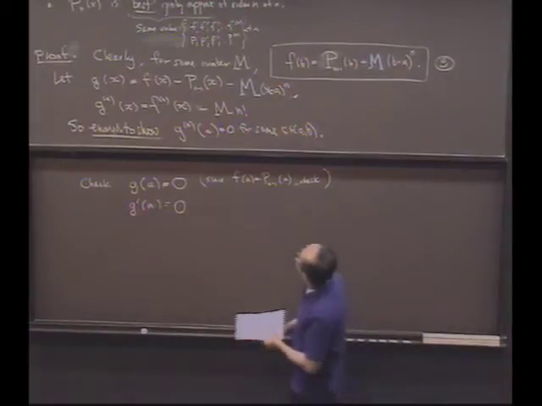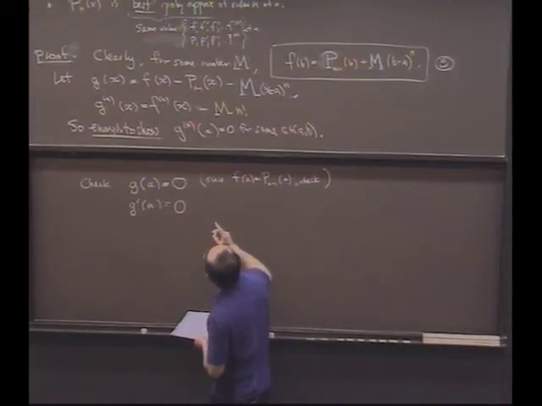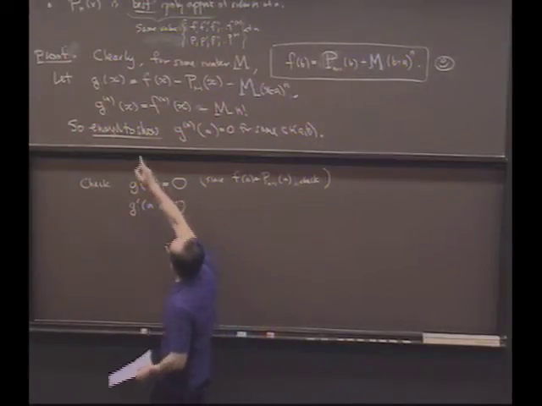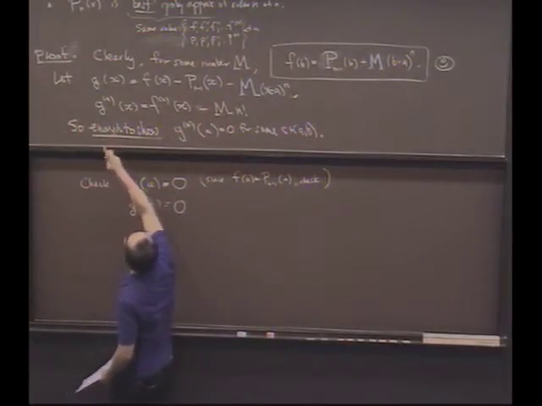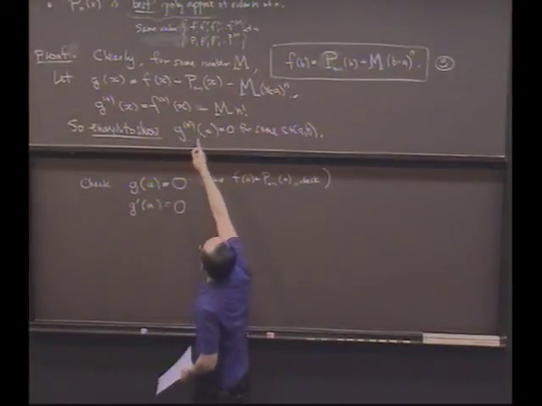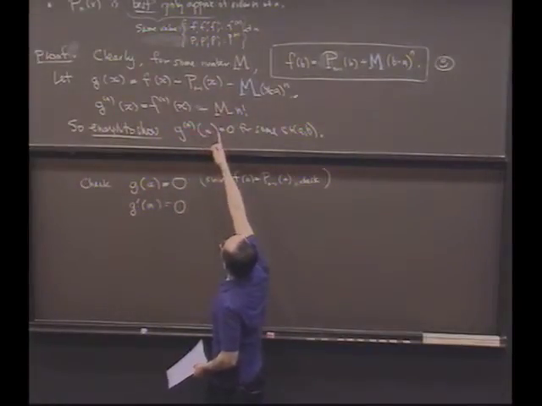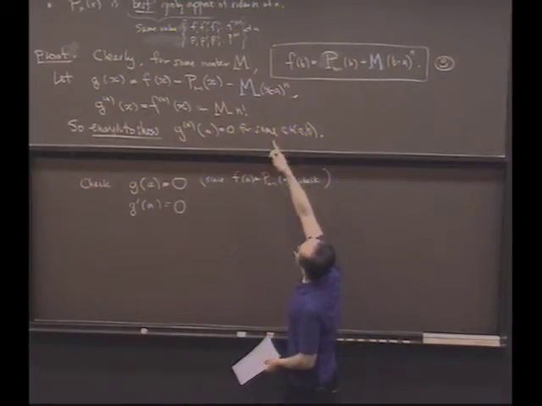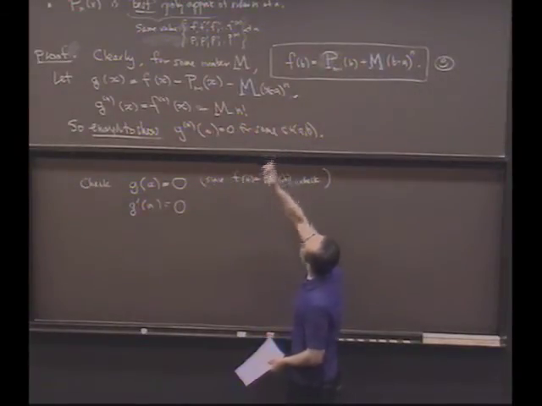Good. Okay. So, right, if I take the derivative here, I get g prime at x is f prime at x minus the first derivative at x minus m and the n. Sorry. That was just the nth term, but I want the first term.